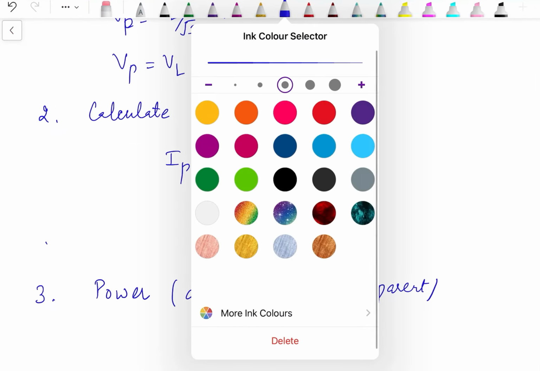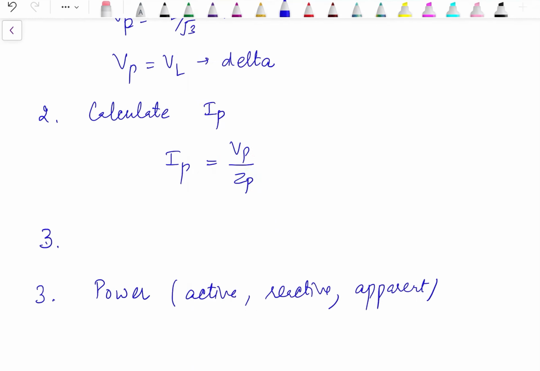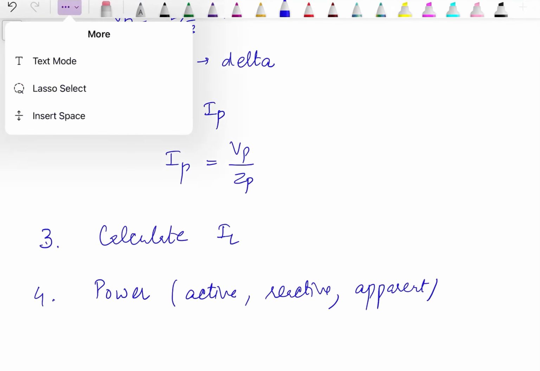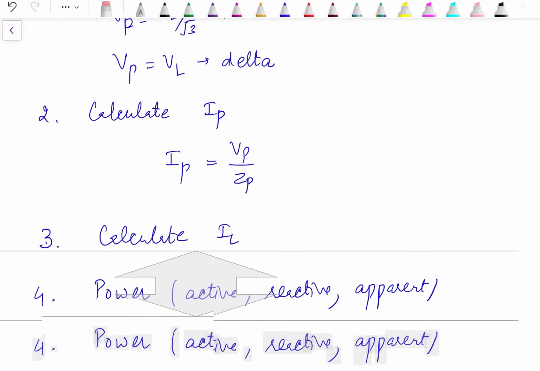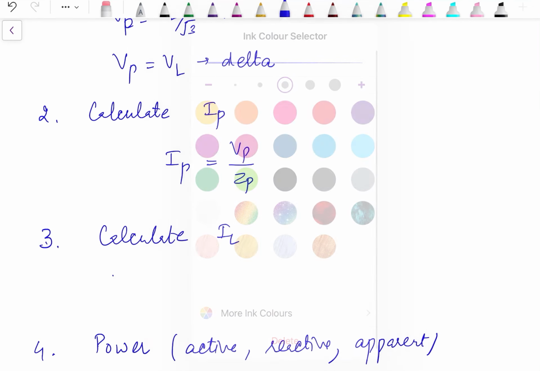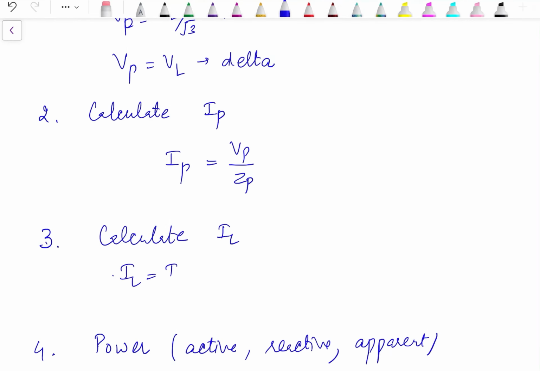Let's first say the third step is to calculate line current. Now in case of star connection, line current and phase current are the same, while in case of delta connection, IL is equal to root 3 times IP.